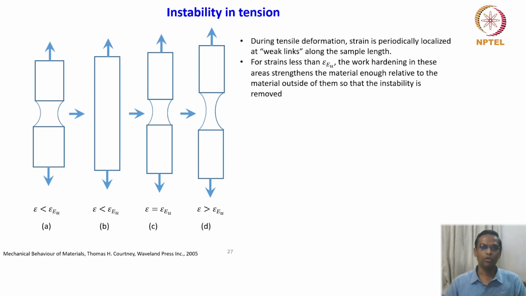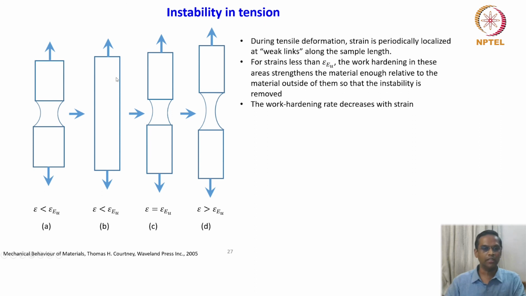So what happens during that time, after plastic deformation commences and before necking? In between these two times, what is the physics? That's what we are trying to see. The rest of the whole area is getting strengthened.